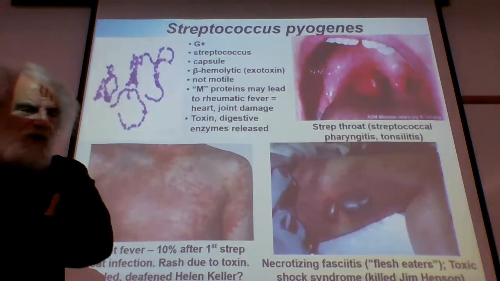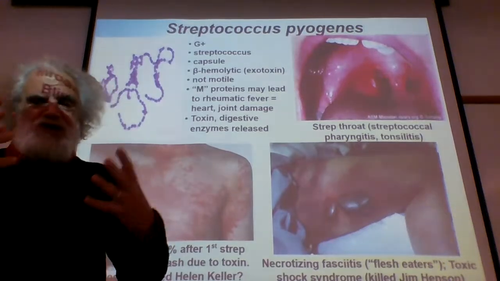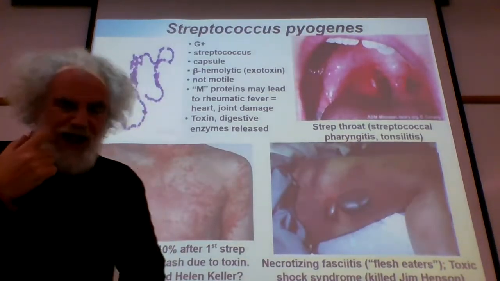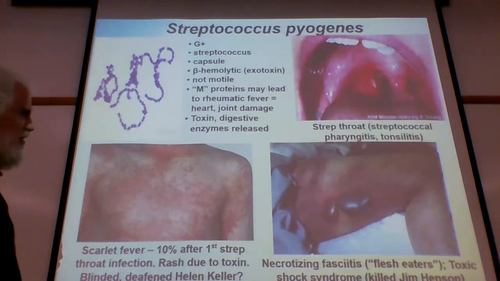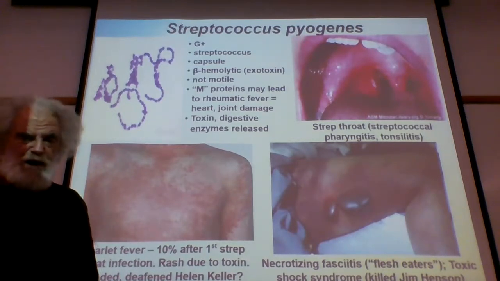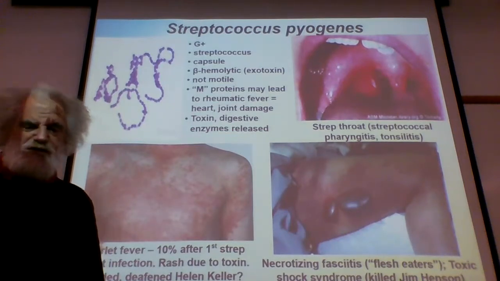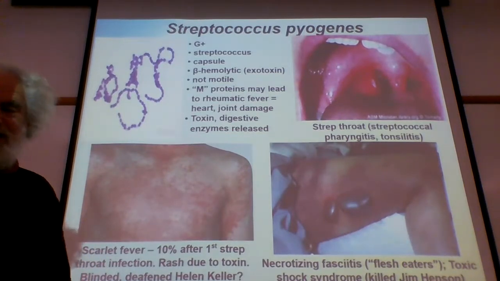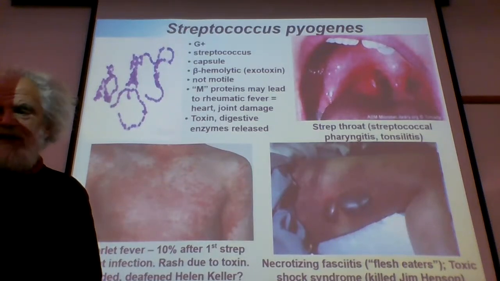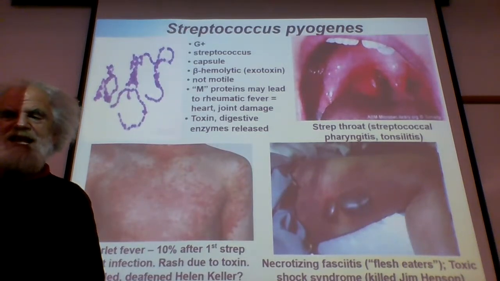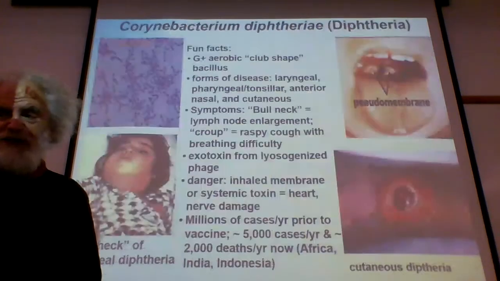It is essentially a whole range of immunological effects that occur after a strep infection happens, and it can cause a whole range of conditions, including blindness and deafness. Potentially, it's what blinded and deafened Helen Keller. Anyway, so that's strep. Initially it is getting in through the lungs and through the oral cavity.